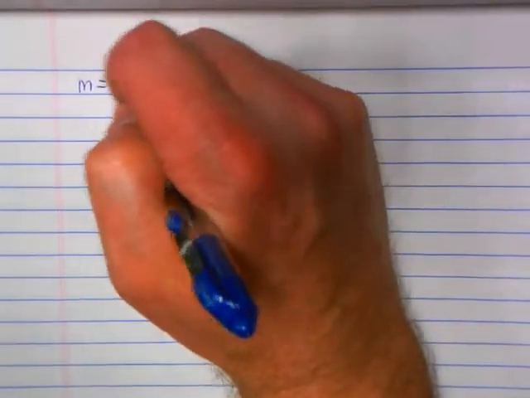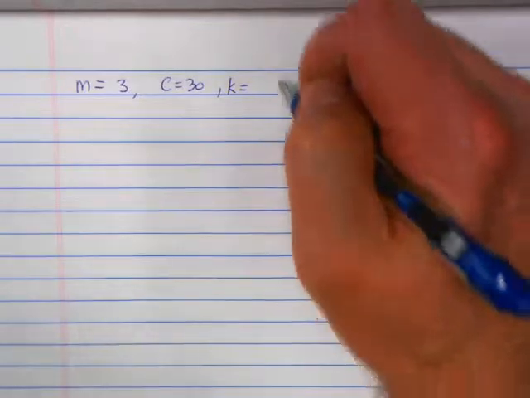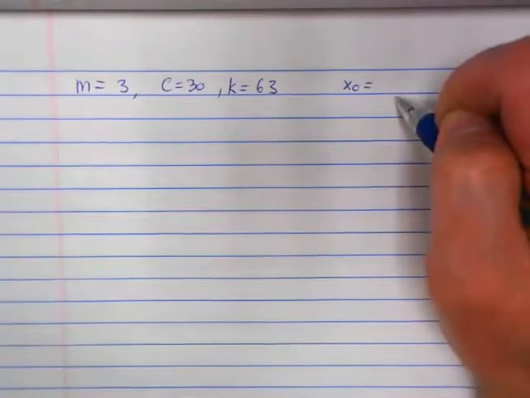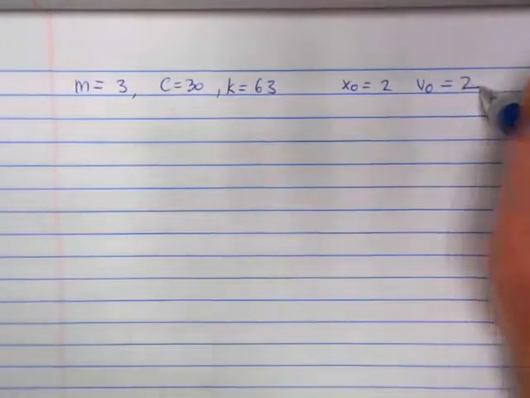Okay, so your homework problems are going to look like this. You might be given m equals 3, c equals 30, k equals 63, x at 0 is 2, and v at 0 is also 2.